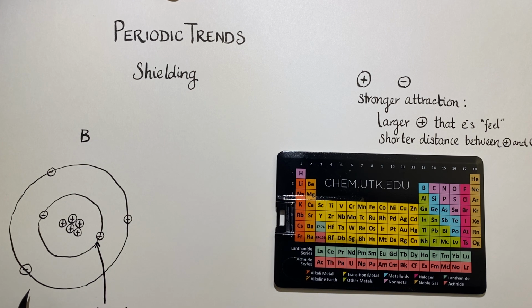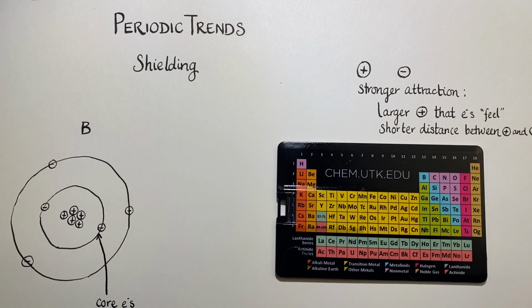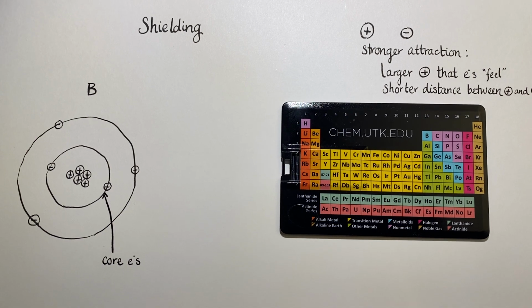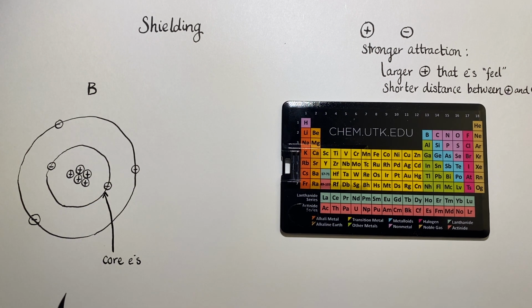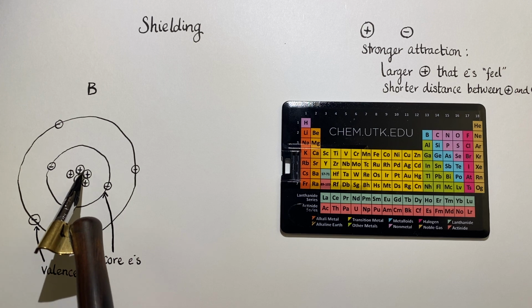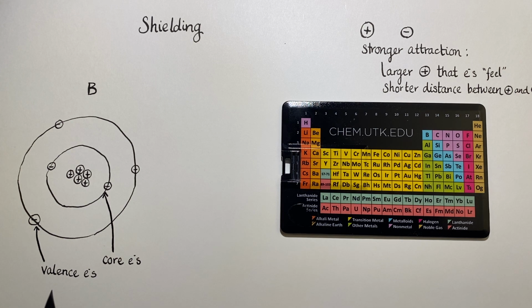The outermost shell electrons, these are the valence electrons. Always the outermost shell, and only the outermost shell. Okay, so these valence electrons, they are blocked from being able to detect the full force, the full positive charge of that nucleus.